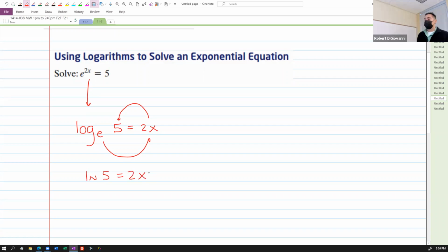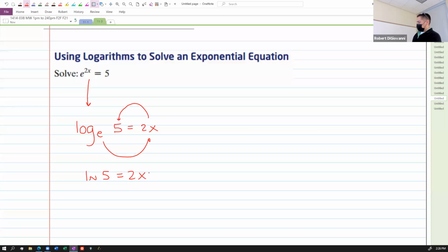Yeah? Now, here's where, and we're going to do a lot more of this next class, we're going to break out our calculator. And we're going to use our natural log key on our calculator to figure out what natural log of 5 is. So make sure you have your calculators. Try this. You find your natural log key and do natural log of 5.